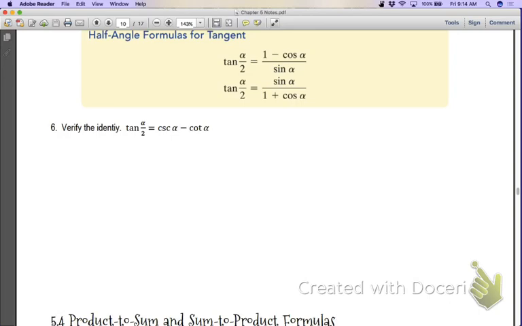Okay? So in doing that, I have 2 different ways that I can rewrite tangent of alpha divided by 2, whatever my angle is divided by 2. It doesn't do me any good to pick one to change it into until I try to fix the more complicated side.